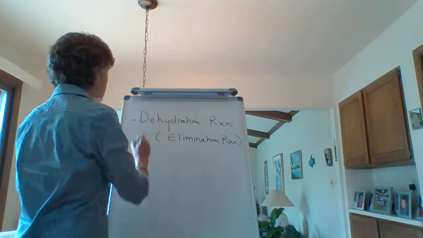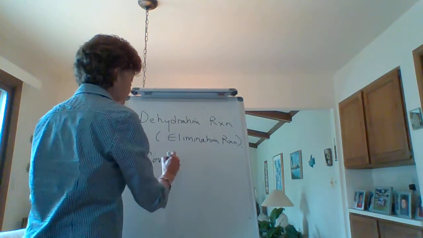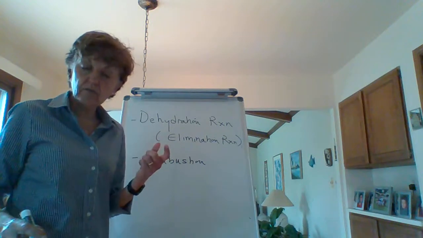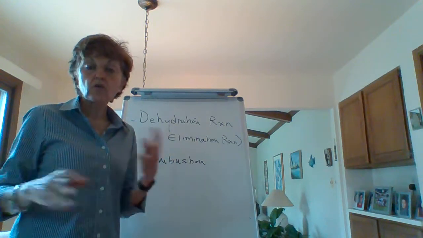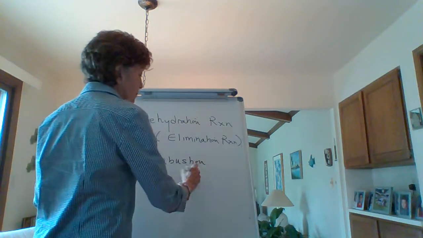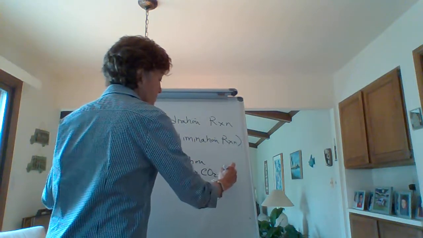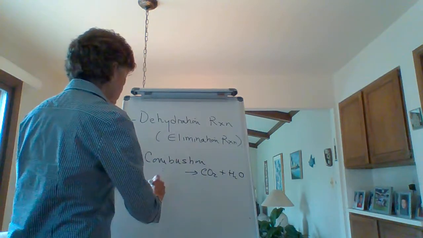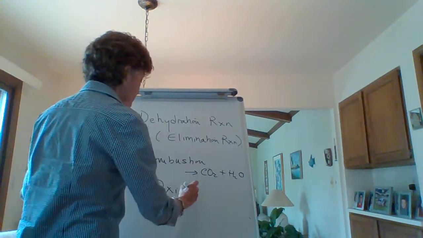What else do they do? They will do combustion. Remember, just like with the saturated and unsaturated hydrocarbons, you get a match, you get enough oxygen, the products will always be carbon dioxide and water. And you can also do oxidation reactions.